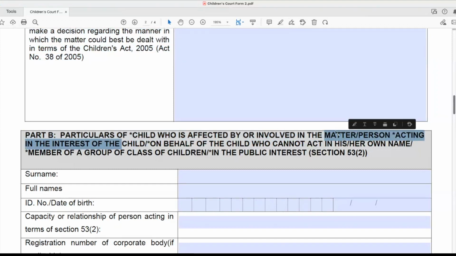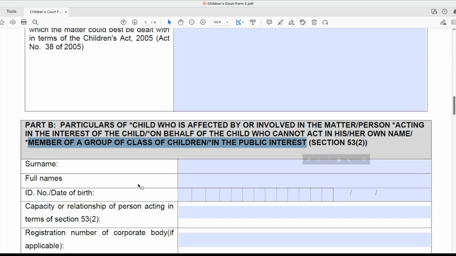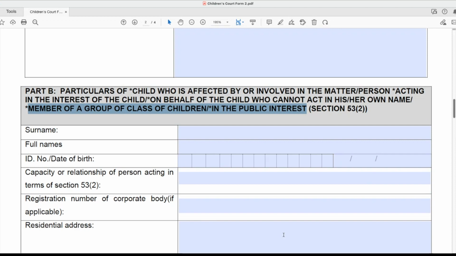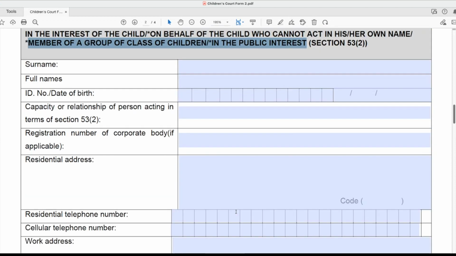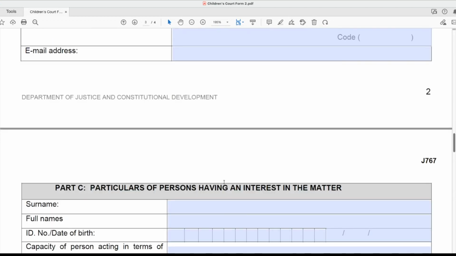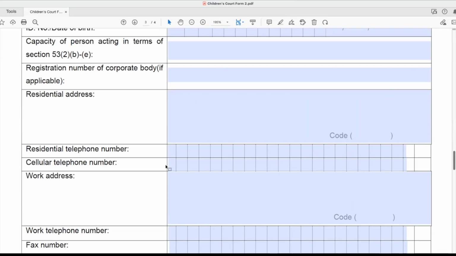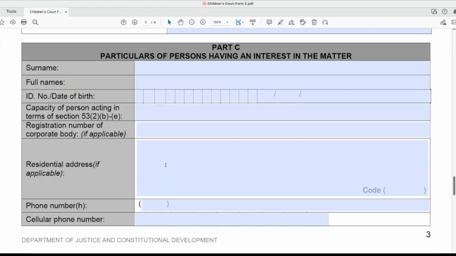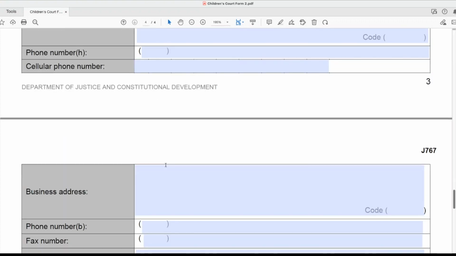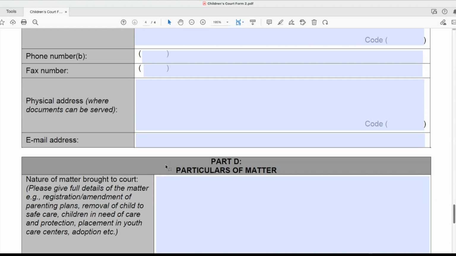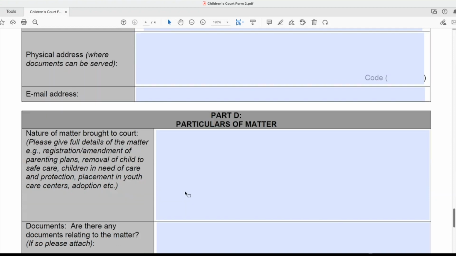Or the person acting in the interests of the child, or the person acting on behalf of the child who cannot act in their own name, or a member of a group or class of children in the public interest. So in short, this is the name of the person who really launches the proceedings. Then we go into the particulars of persons having an interest in the matter. That would be, for example, parents, grandparents, etc.